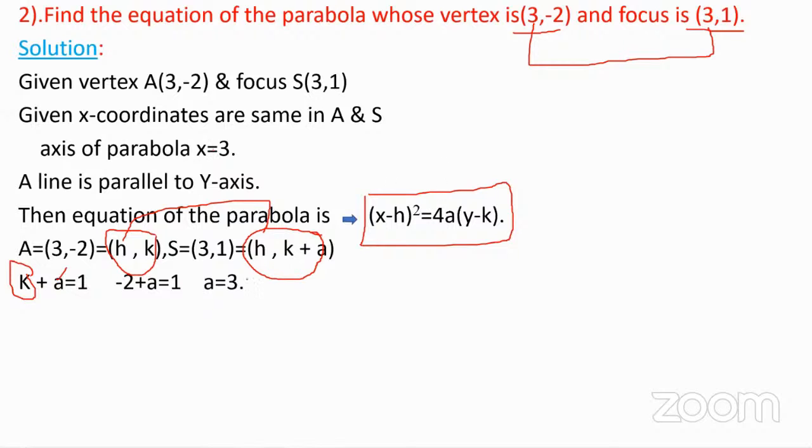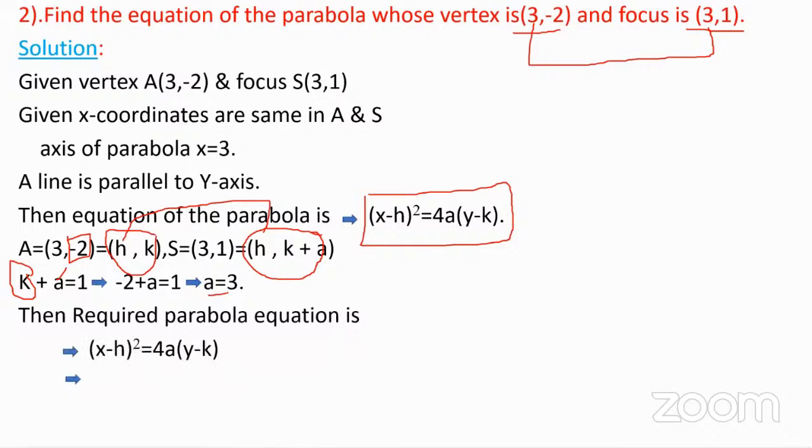So k + a = 1, and with k = −2, we have −2 + a = 1, so a = 3. This is the value of a.